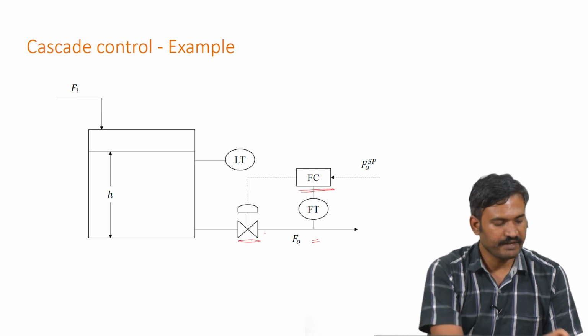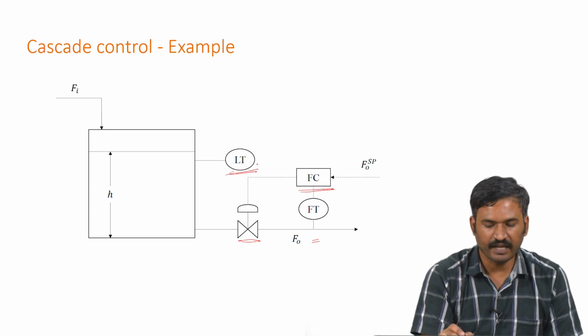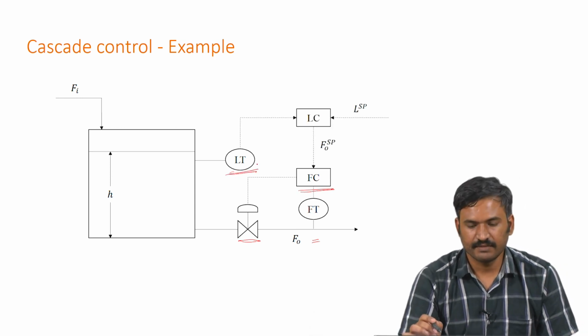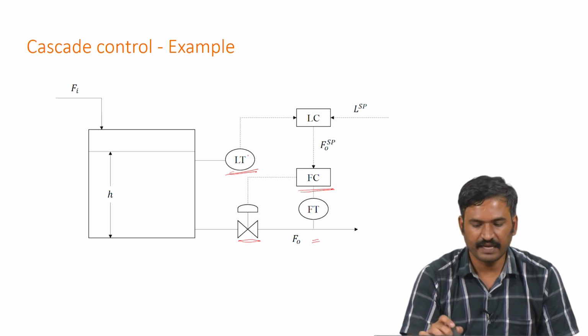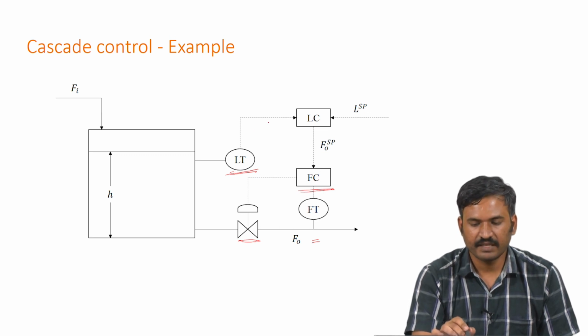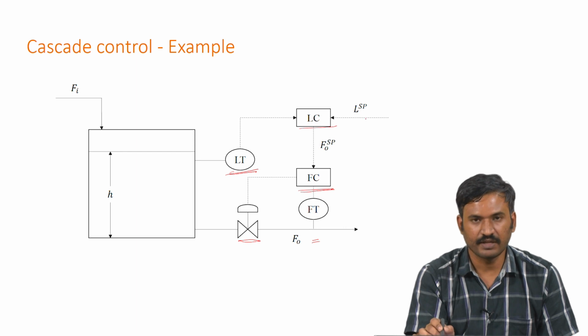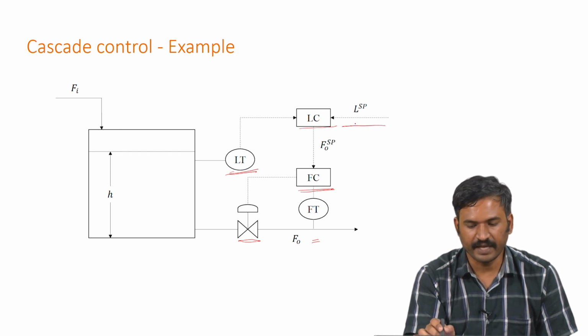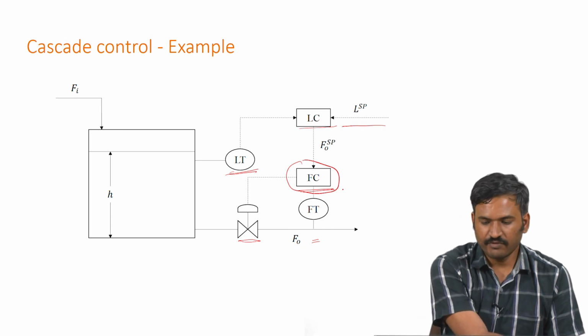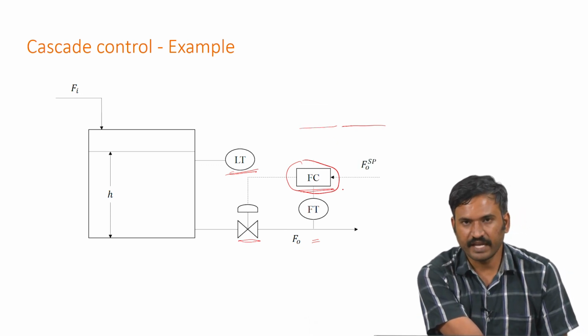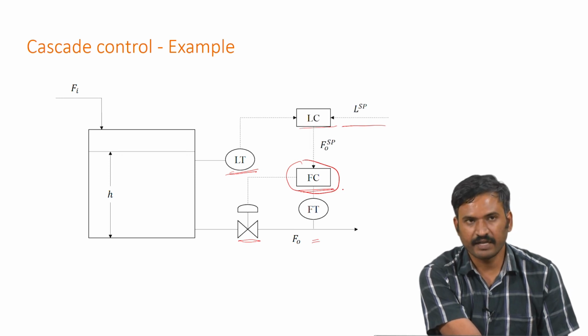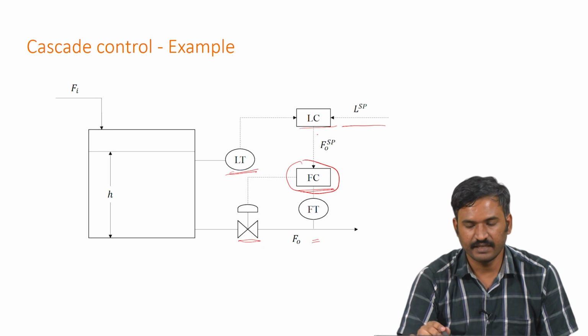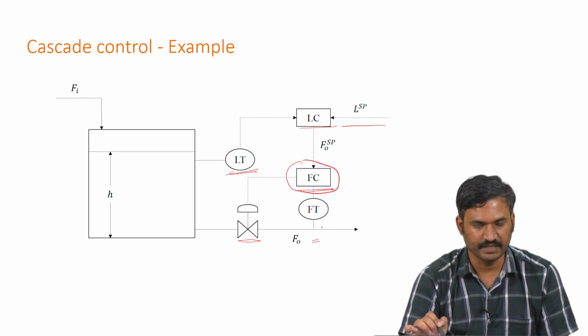Now, when we have the measurement of this level also, we can have another controller in cascade with this flow controller such that the level measurement gives its measurement to a level controller, which compares it with a set point and gives the output to the set point of the flow controller. Notice that the flow controller set point, which was manual before, has become automatically changed in the cascade configuration.